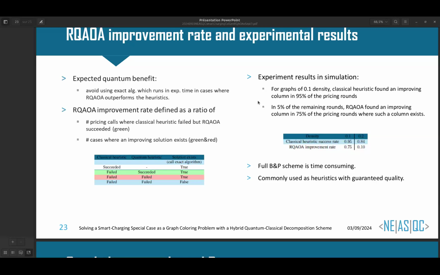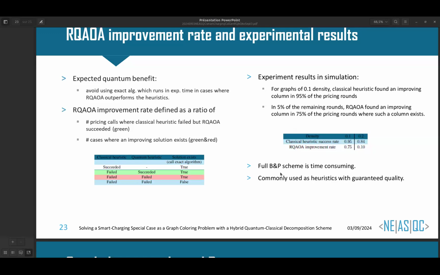So it's quite difficult to see what it means, but basically, because the quantum algorithm is embedded into the decomposition scheme, and also to find improving columns, it's not quite obvious to define how it helps.